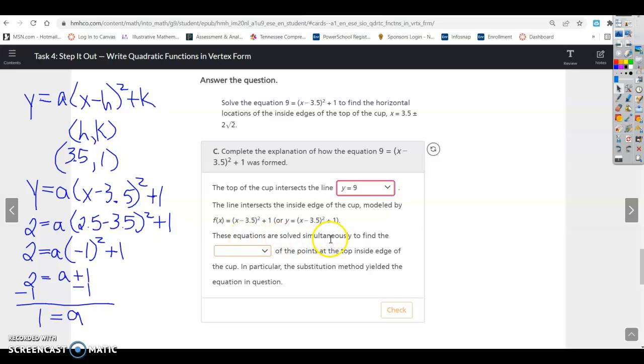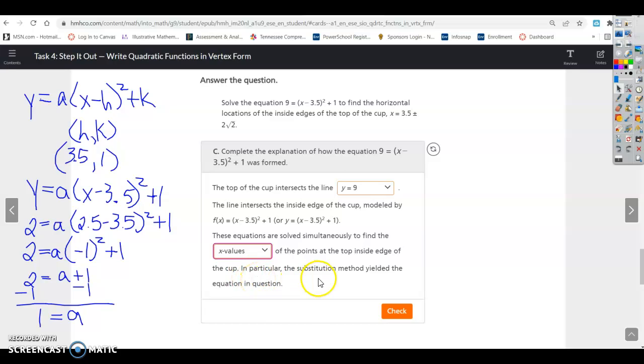These equations are solved simultaneously to find the x values of the points at the top inside edge of the cup. In particular, the substitution method yields the equation in question.